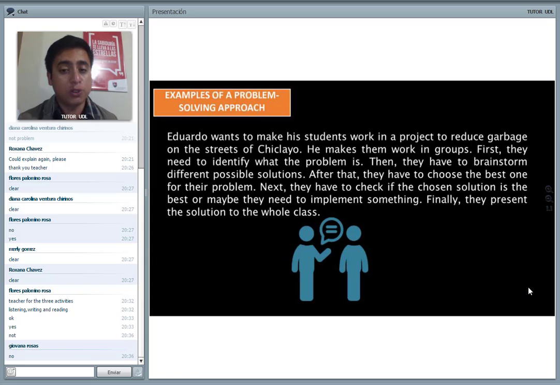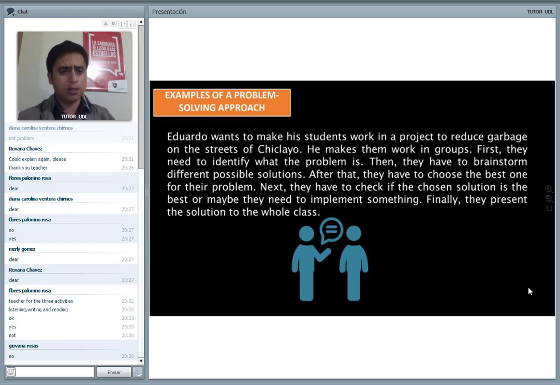Next, they have to check if the chosen solution is the best one. Or maybe they need to implement something. Maybe you need to include something else. And finally, you have to make the presentation of the solution to the whole class. So at the end, you will find a solution for the problem presented by the teacher. So that's the idea of a problem-solving approach.